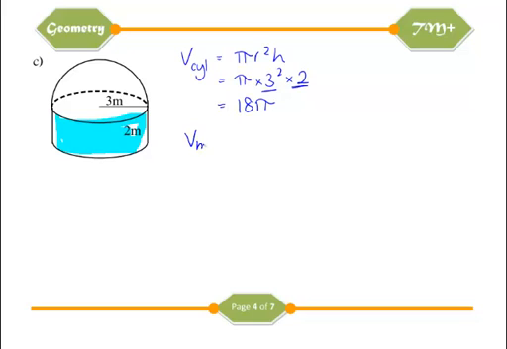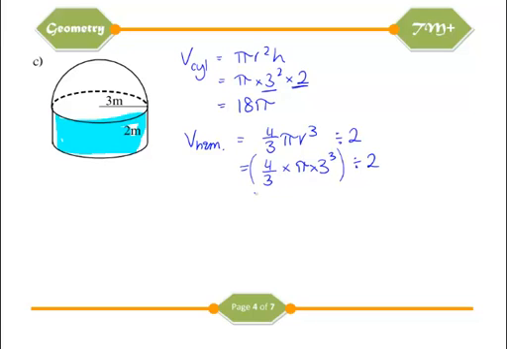Okay, so volume of the hemisphere is going to be 4/3 pi r cubed, and it's all going to be divided by 2. So 4/3 times pi times 3 cubed, all divided by 2. Again, I'm not going to worry at the moment about that pi.